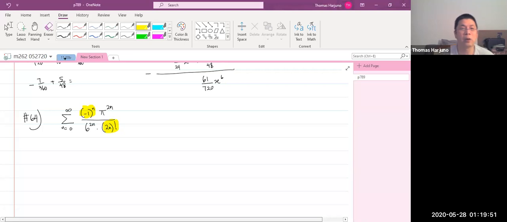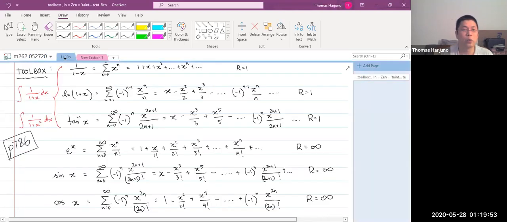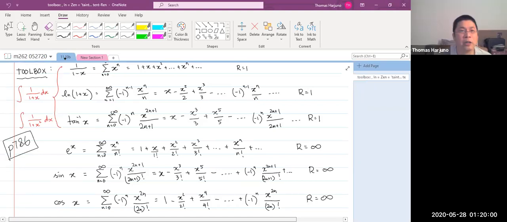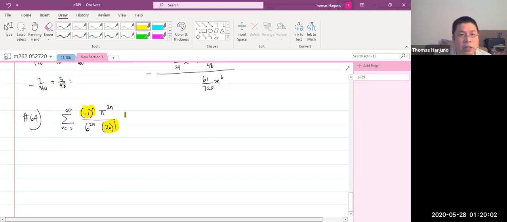Look at this table here. Which of them has that pattern? The cosine? The cosine x, that's right. So let me rewrite this into something very similar to cosine x. So I will get negative 1 to the n, and then I write pi over 6 to the 2n over 2n factorial, right?